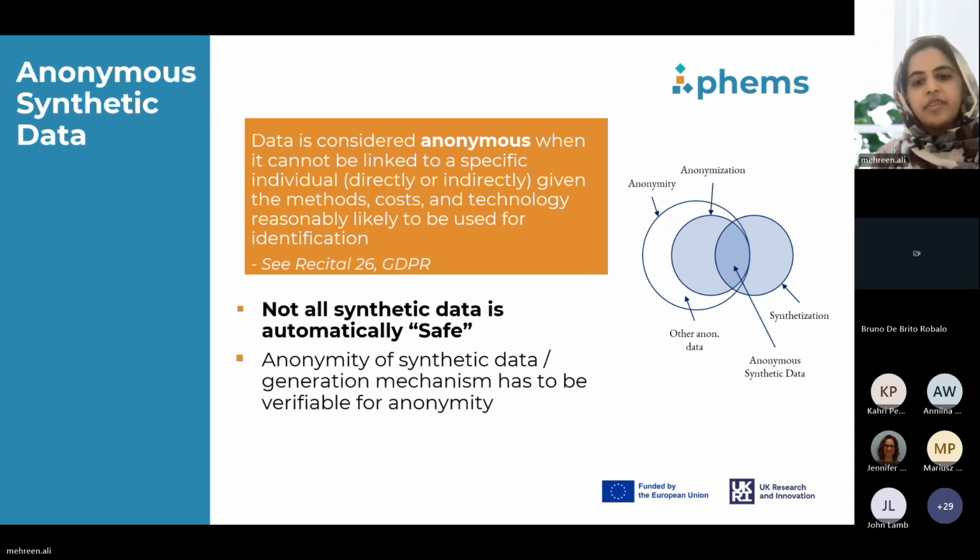So this is where anonymous synthetic data comes in. If you look at the image on the right side, you can clearly see that there is an overlap between anonymization and synthesization processes, and the overlap is where anonymous synthetic data lies.